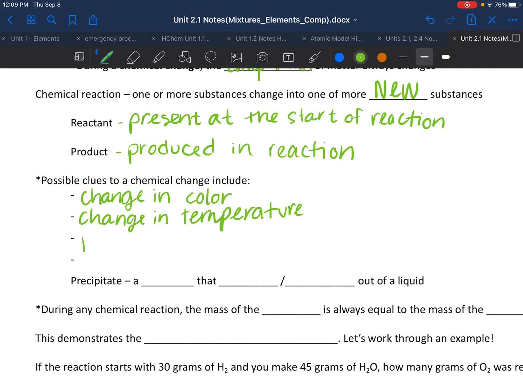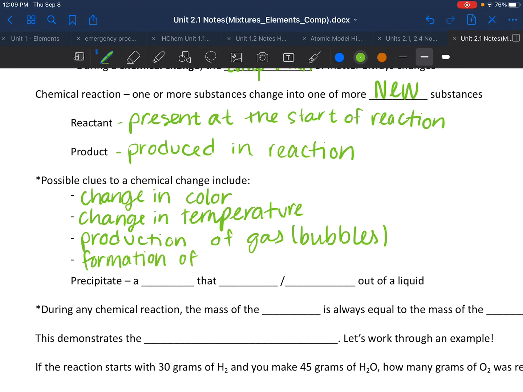The next would be a production of a gas. If you see bubbles in an experiment, that means gas is formed. And then lastly, the formation of a precipitate.